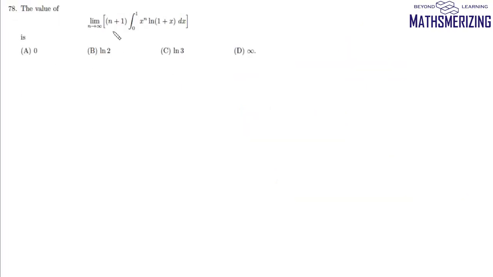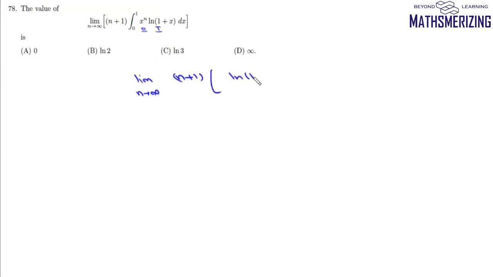Now here we need to find the value of this limit, which is limit n tends to infinity n plus 1, this integral from 0 to 1 x to the power n log 1 plus x into dx. Now we'll take this log as first function and this x to the power n as second function. We can write this limit as limit n tends to infinity. Now it will be n plus 1, and here we'll use by parts.